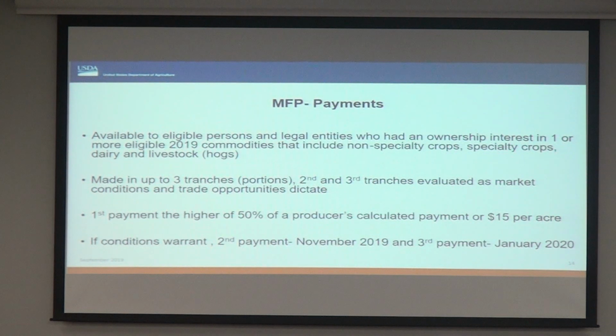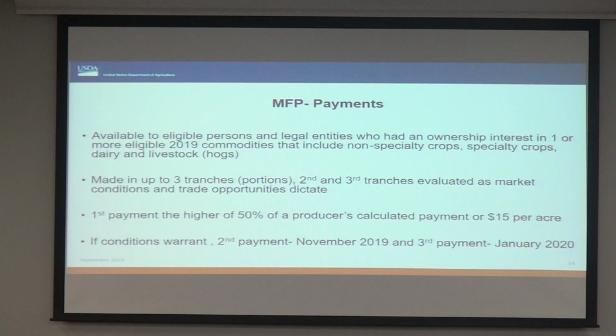Now, the payment will be made up into 3 different portions. The first portion, we're already paying right now. And of course, the trade situation is evaluated to decide whether the second and third portions of the payment are made. The first payment was 50% of the producer's calculated gross payment, or $15 per acre, whichever is higher.